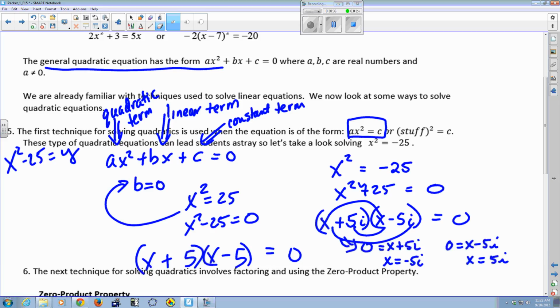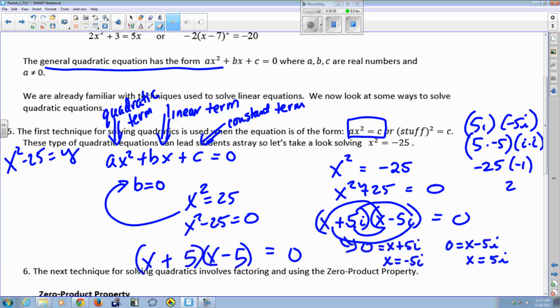They're opposites. There's your b equals 0. B is equal to 0. And then you got this thing, 5i times negative 5i. 5 times negative 5, and i times i. 5 times negative 5 is negative 25. i squared was what? Negative 1, and there's your 25.